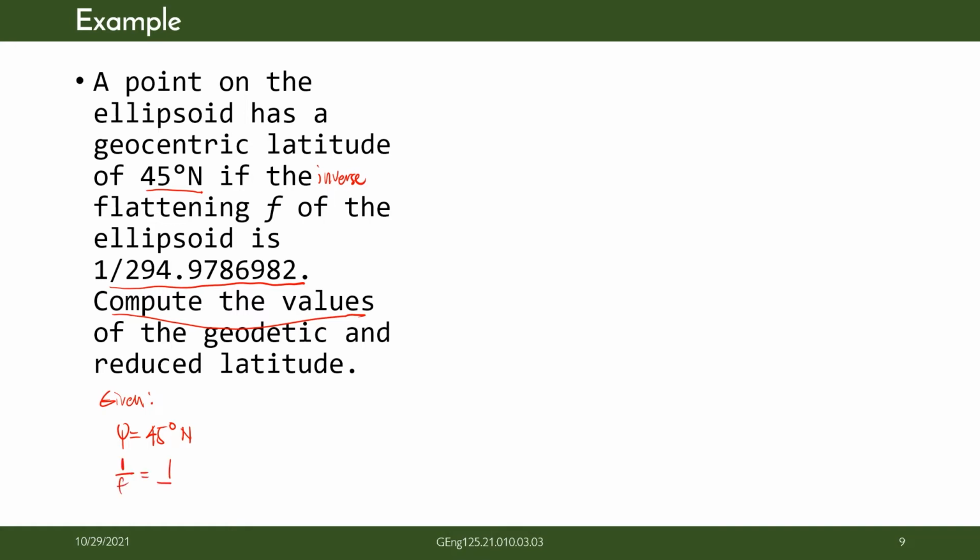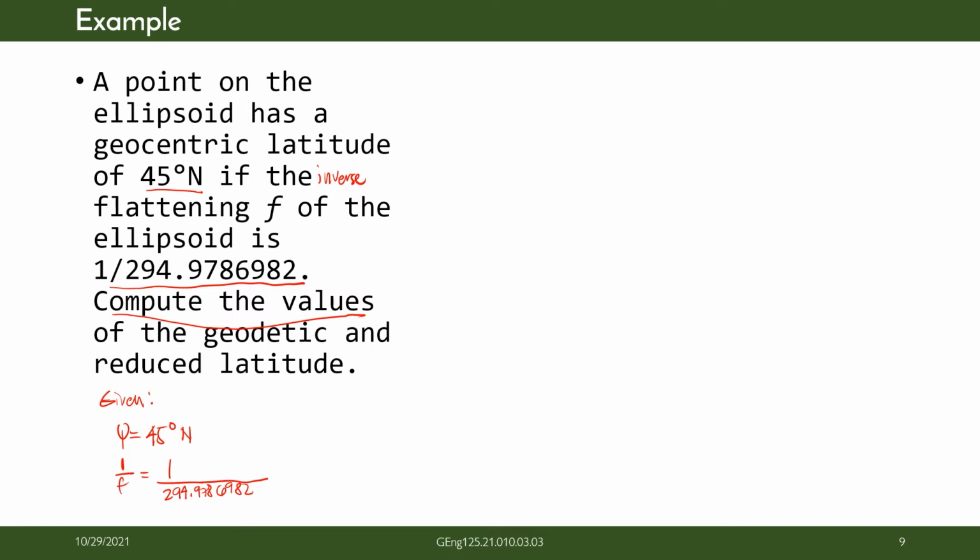So 1 over 9786982. Remember, flattening is unitless, and it's the measurement of the flatness of your sphere, how elliptical this sphere is.